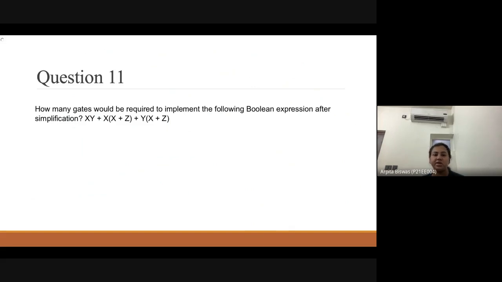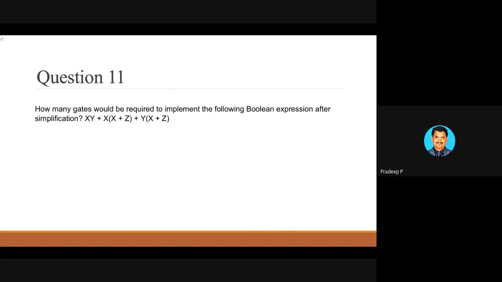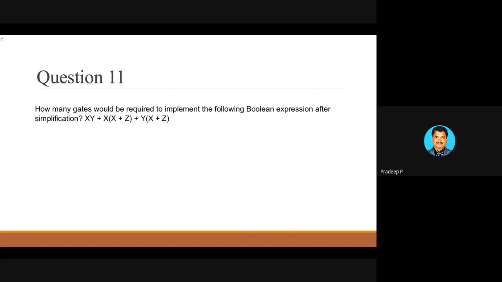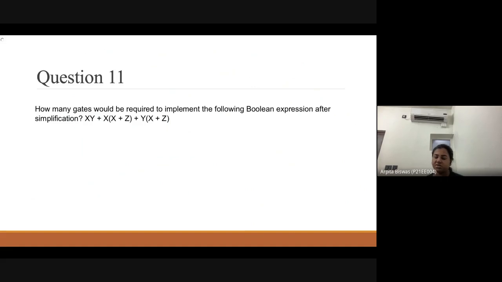At first simplify it and then tell me how many gates are required. Three, madam. See carefully. No, 3 is not the right answer. At first, simplify it and then try to solve.